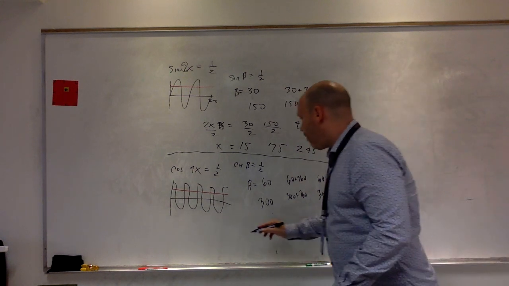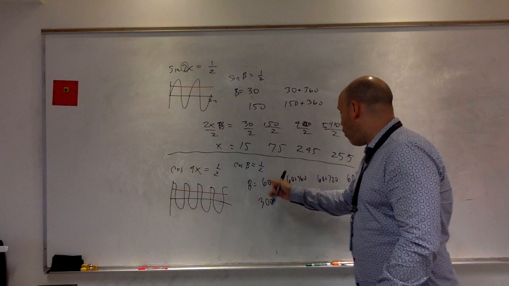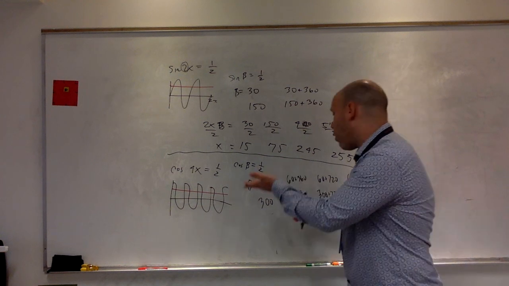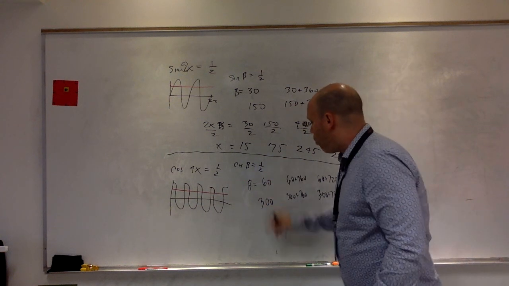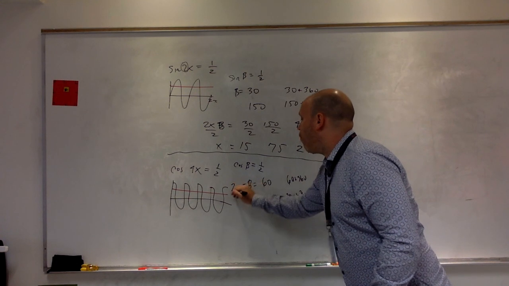So we have all these, and we can just divide by 4. Instead of b, we have 4x.